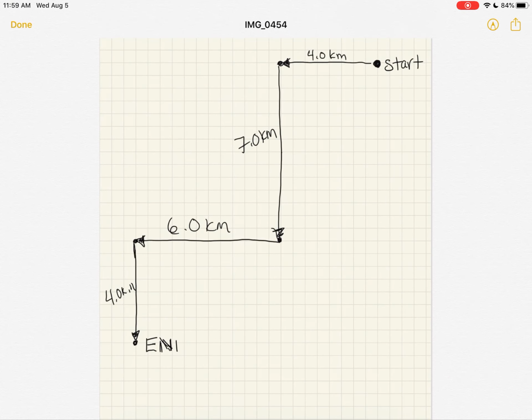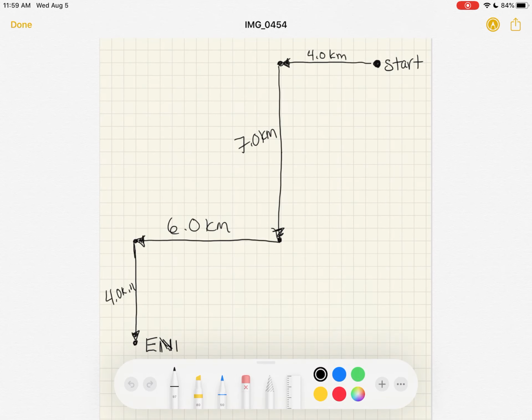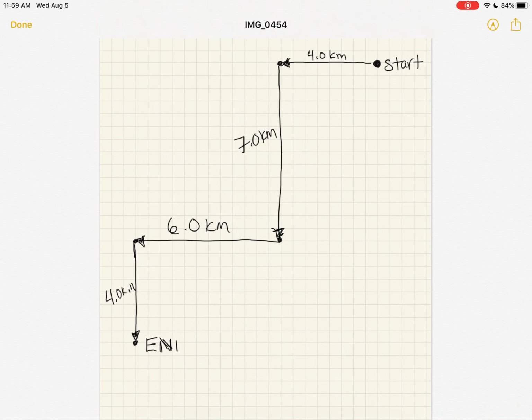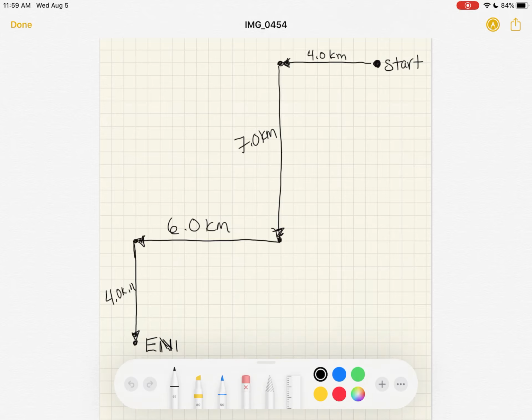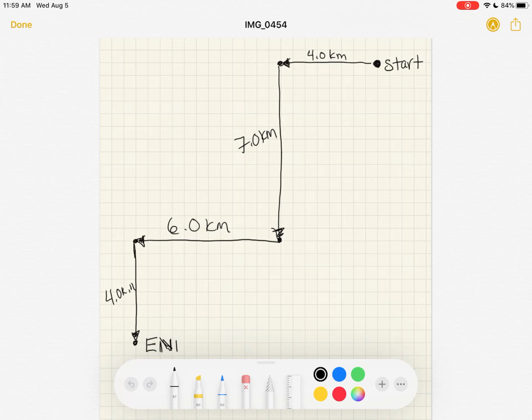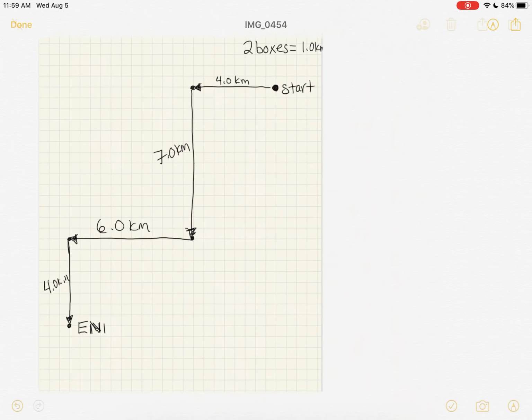Let's try this one more time. It doesn't want to let me draw in my picture anymore. Just having some technical difficulties.